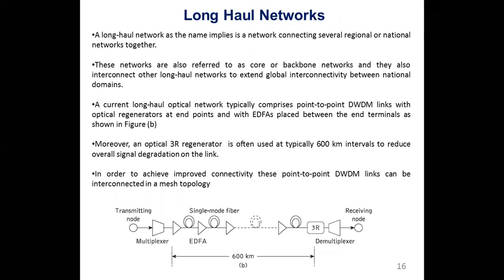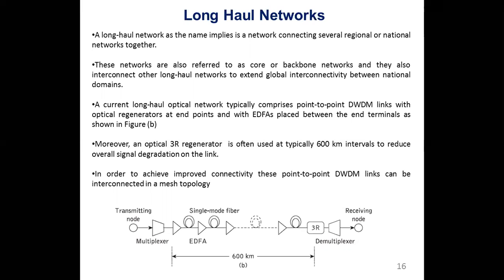So this will basically comprise P2P DWDM links, and obviously because the length of the link is large, the network is large. Therefore, you require optical regenerators at endpoints, and the amplifier, if you want to keep everything in the optical domain, is the EDFA that needs to be used.